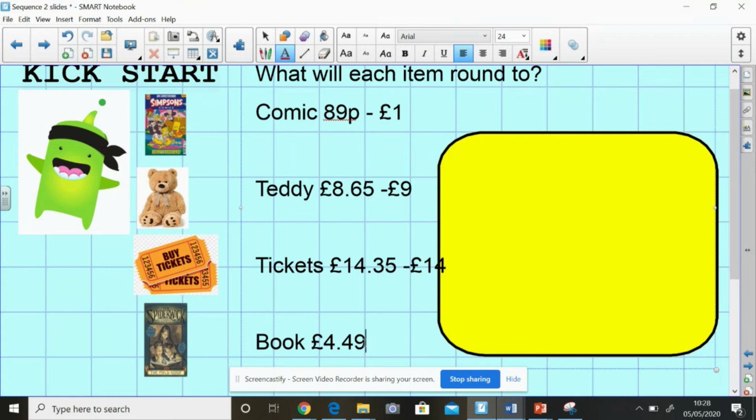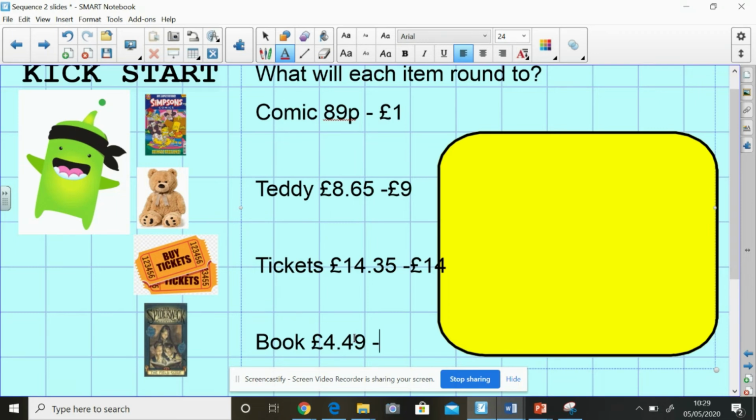And lastly, we have a book, the Spiderwick Chronicles, which we have read in school actually. A book which costs £4.49. On your number line, on either side, the two whole pounds that come on either side of £4.49 are £4 and £5.